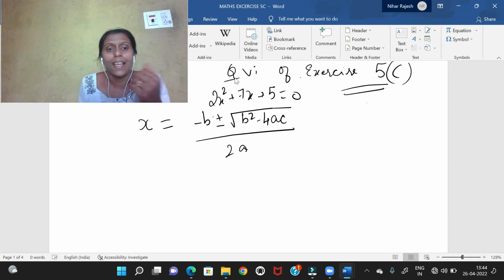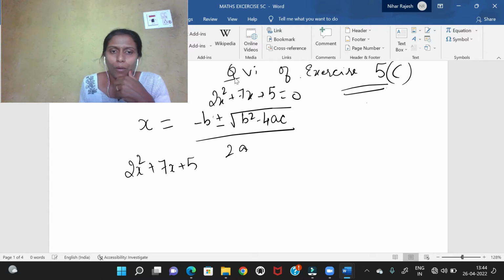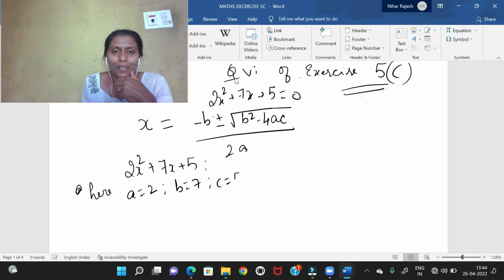For the quadratic equation, we know it has to be of the form ax square plus bx plus c. Now, just think and tell me what are a, b and c. Here, a is equal to 2, b is equal to 7 and c is equal to 5.